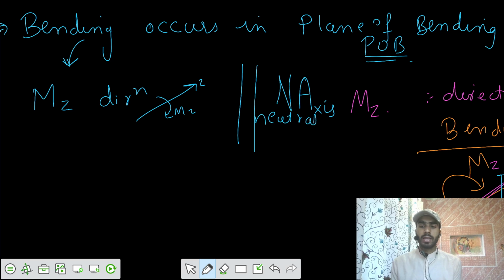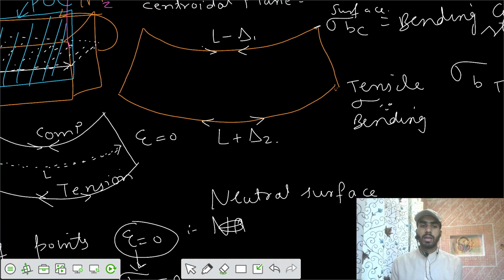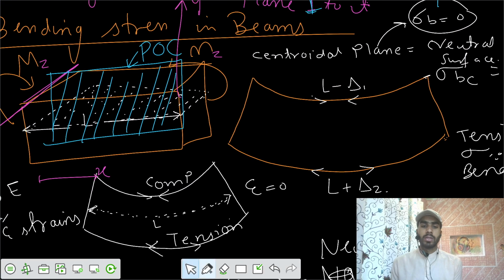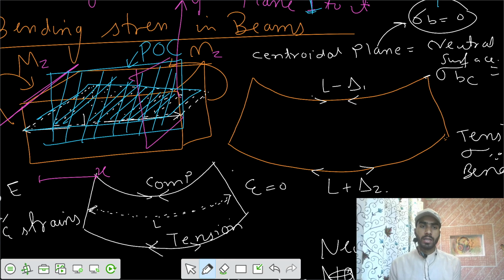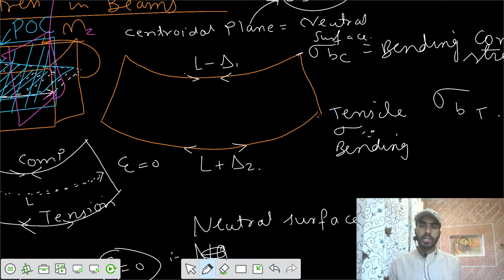So what is the neutral axis actually? Once we have a neutral surface developed, when we cut any section, let's take some particular section.